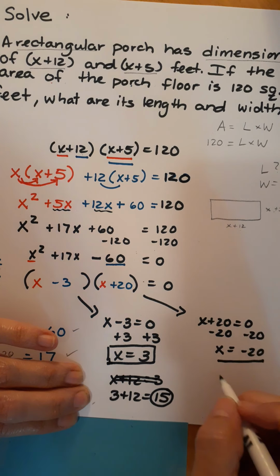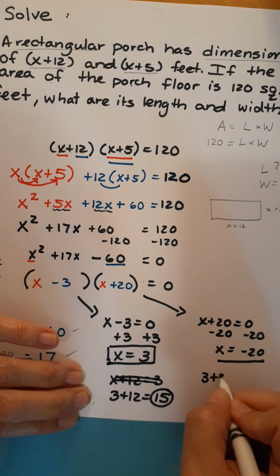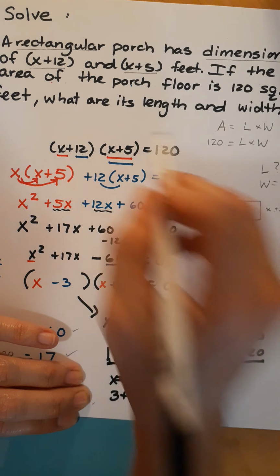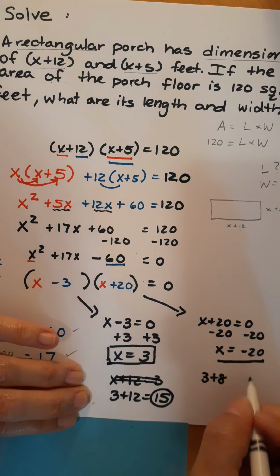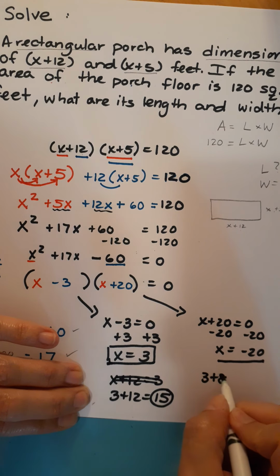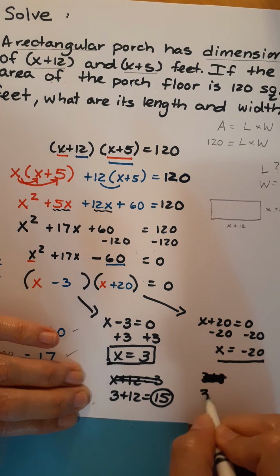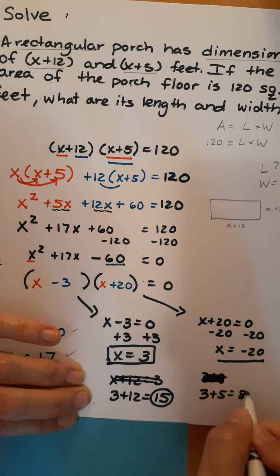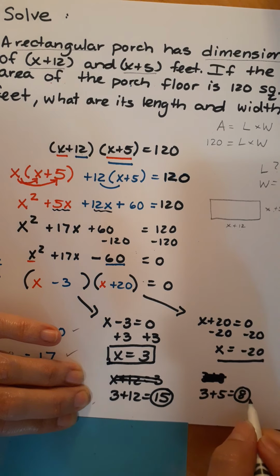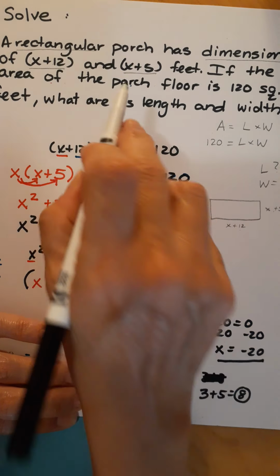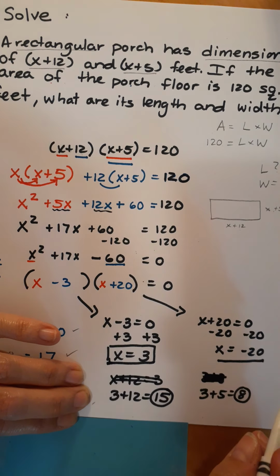That's one dimension. And then 3 plus 5, I'm getting them from up here. 3 plus 5 equals 8. So my two dimensions are 15 and 8 of the porch floor.